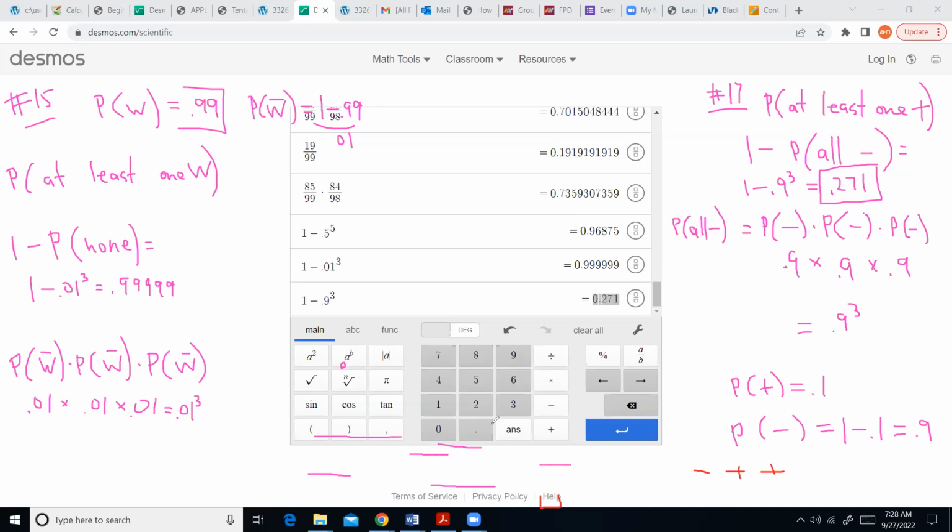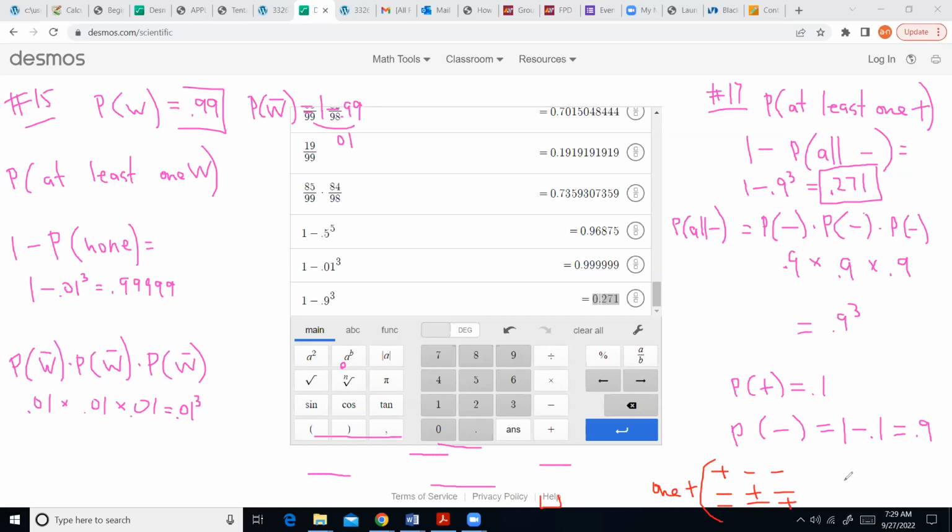Let me show you so you can see how tedious it's going to be. That's why you don't want to go there. Positive could be first, then 2 negatives, or positive could be second, or positive could be third. You see, there are already 3 possibilities for 1 positive.